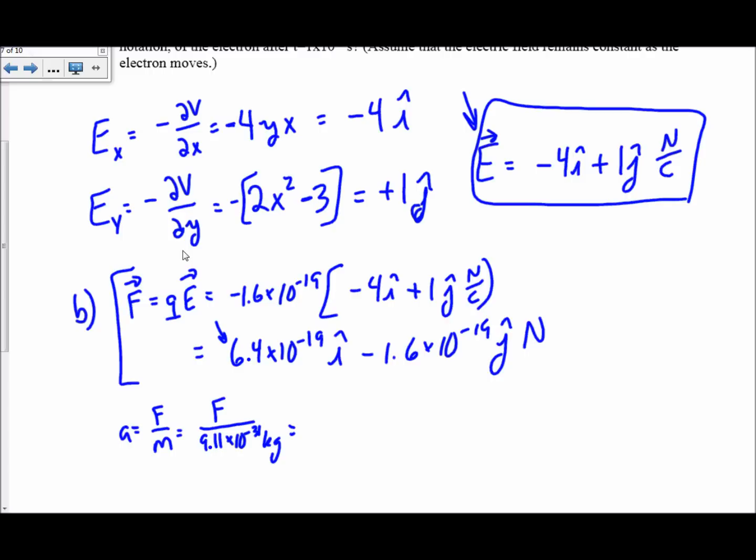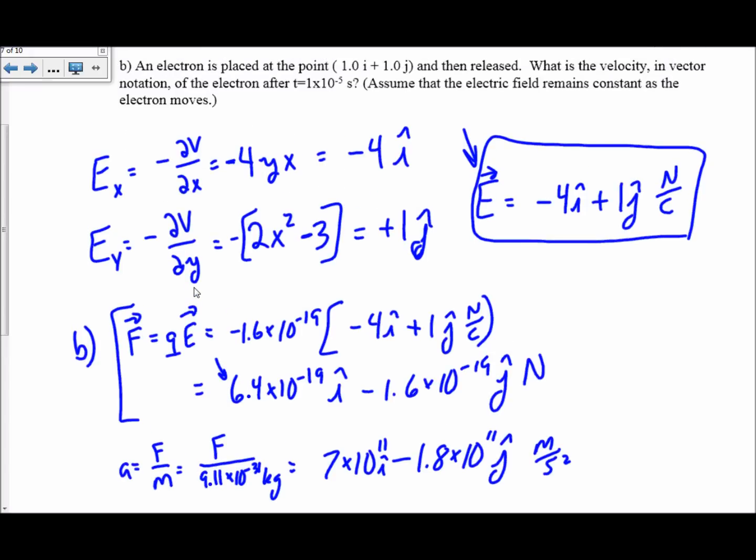I get 7 times 10 to the 11th, minus 1.8 times 10 to the 11th. And that's in meters per second squared. This is in the j, this is in the i direction.